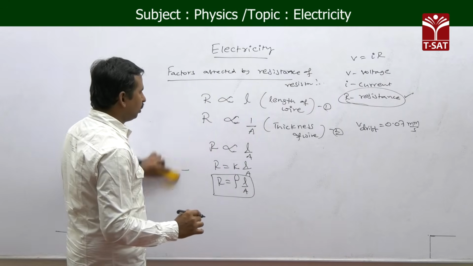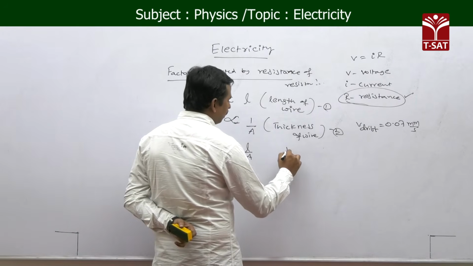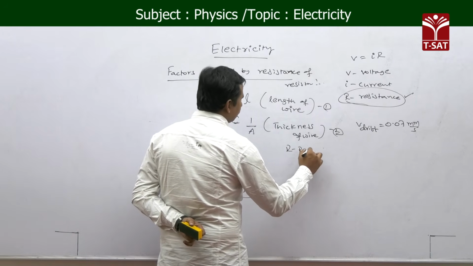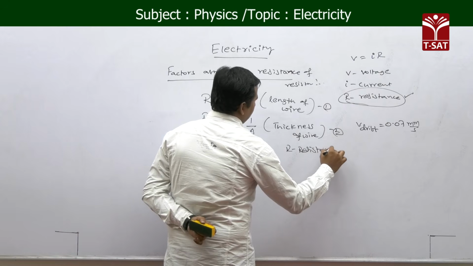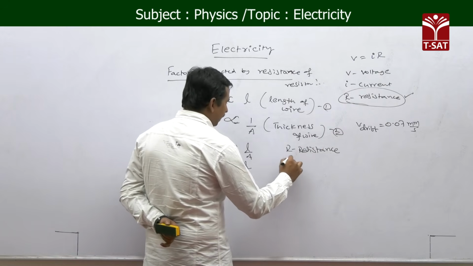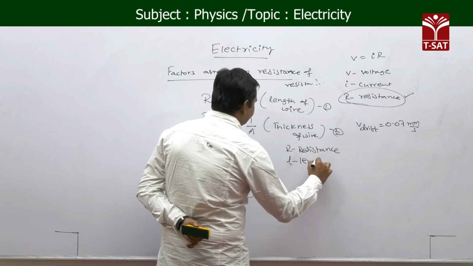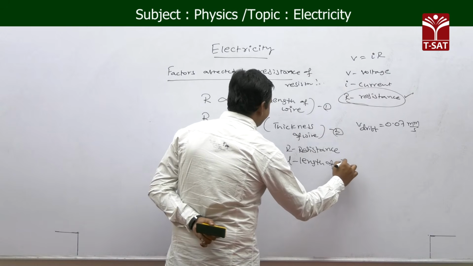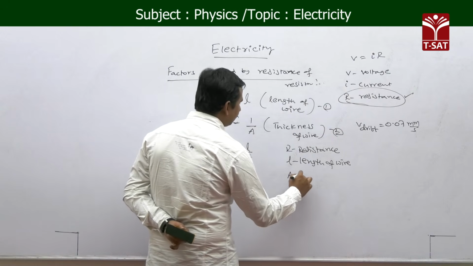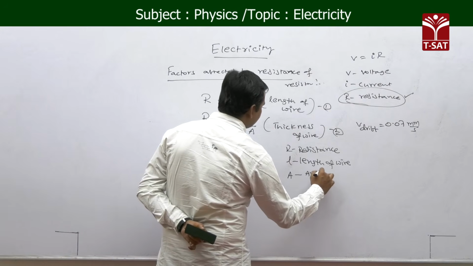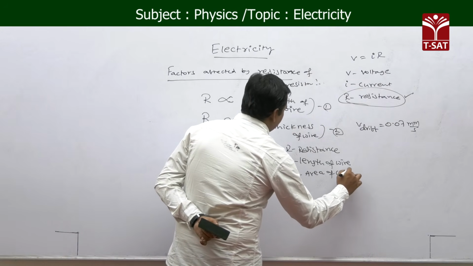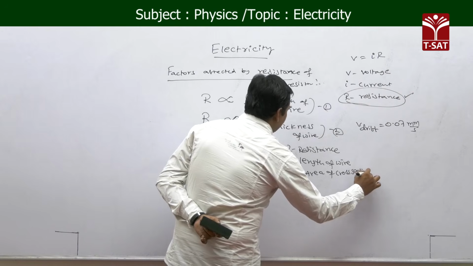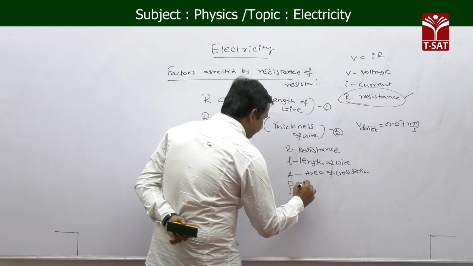So here R means resistance, L means length of the wire or our conductor, A is the thickness or area of cross section, and rho is nothing but resistivity.